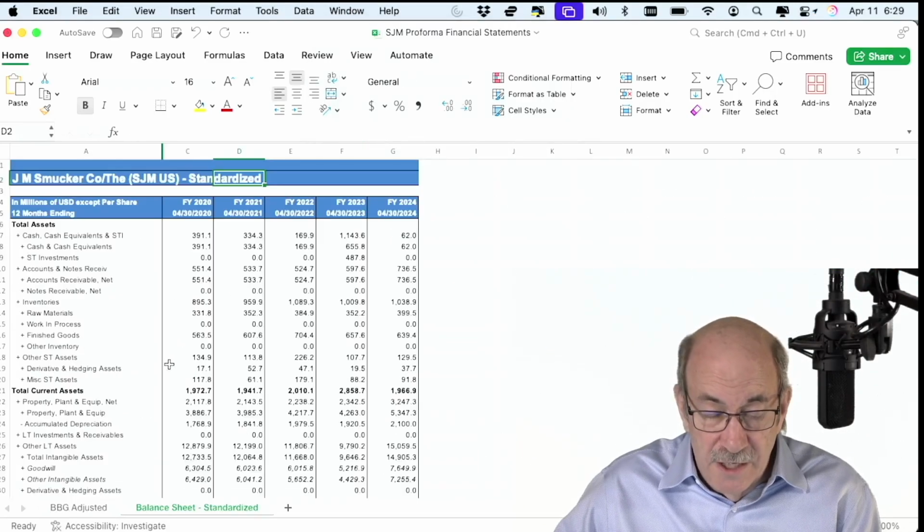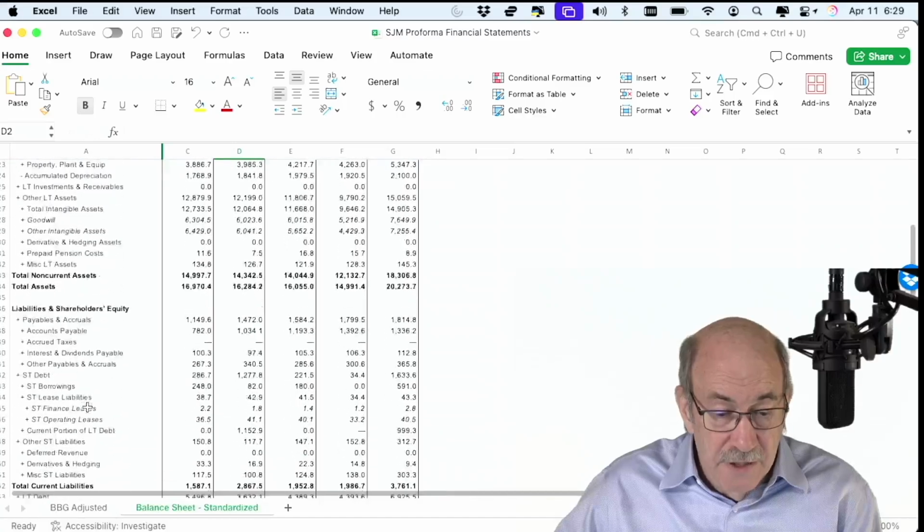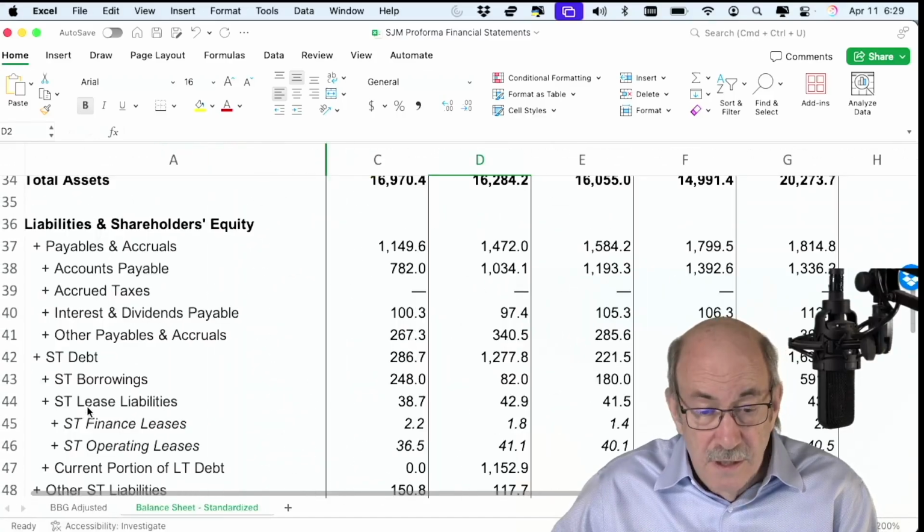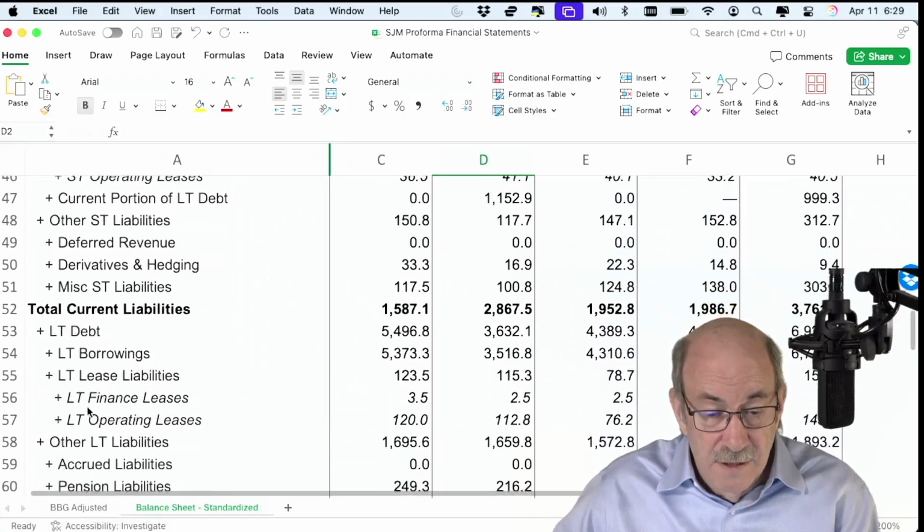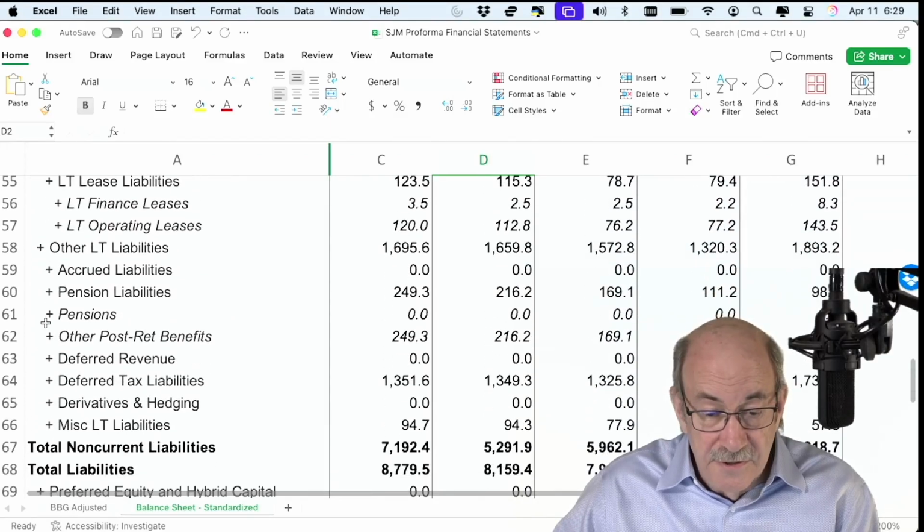I mean, if we go back to the other spreadsheet, that first one I had, and we look at the balance sheet, and well, look at all these accounts down here. I've cleaned up a lot of this and just thrown it in as other long-term debt.